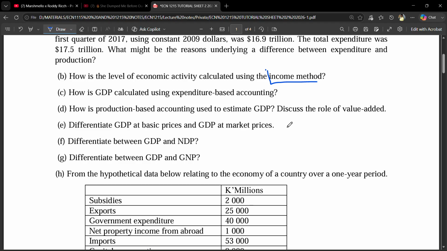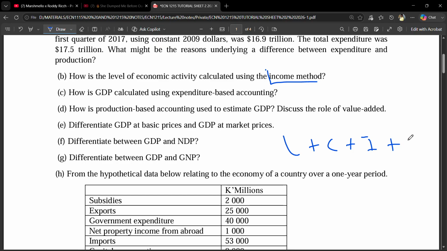By the factors of production, we're talking about labor, capital, interest, and also entrepreneurship.